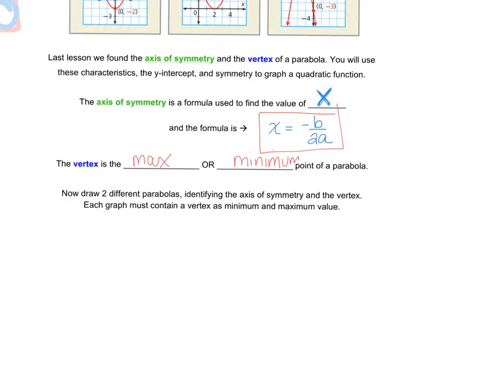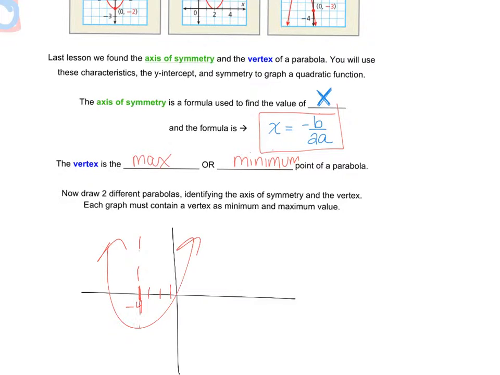If I was to draw different parabolas, I could say, here we go. Draw an axis of symmetry. Well, I'm making one up. 1, 2, 3. Let's say that this is negative 4. And the vertex may be negative 4, comma, negative 5, let's say.